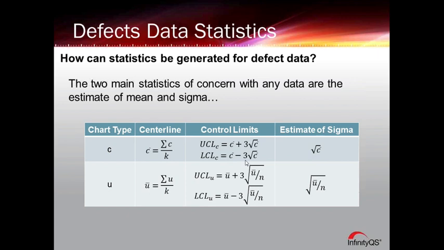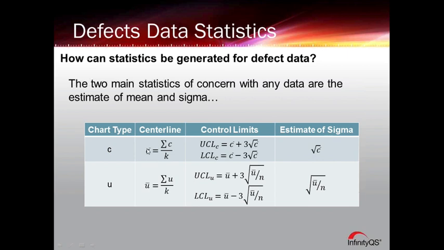Again, these came off of the SPC pocket card, so if you've got one handy, you can take a look at it for reference. You can see that these statistics are very similar in nature. My center line for both my C chart and U chart is basically the summation of the points divided by the number of subgroups on the chart. I apologize, PowerPoint in presentation mode does not like bars above the C for some reason, so it looks like a small tick mark, but on the non-presentation slides it's the full bar.